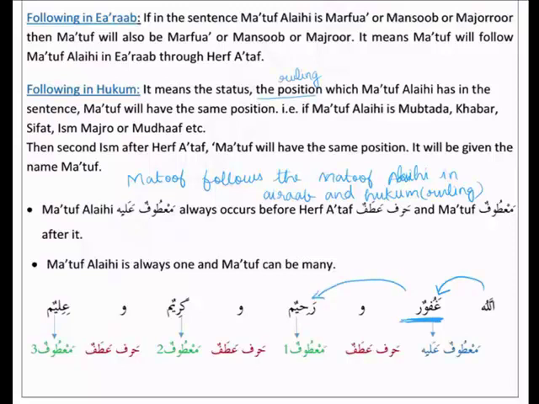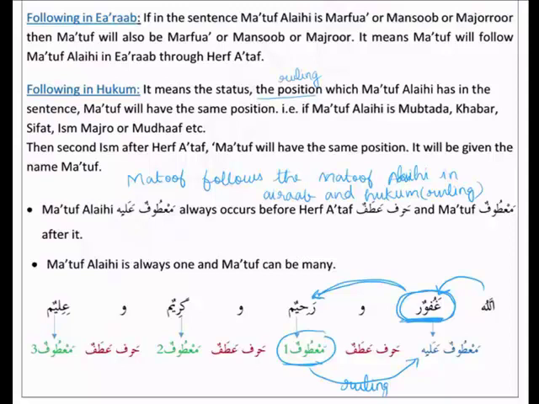So can you see that when we say that the matuf follows the matuf alayhi in ruling, it means that whatever the ruling of the matuf alayhi is, the matuf will also take part in the same ruling as the matuf alayhi.